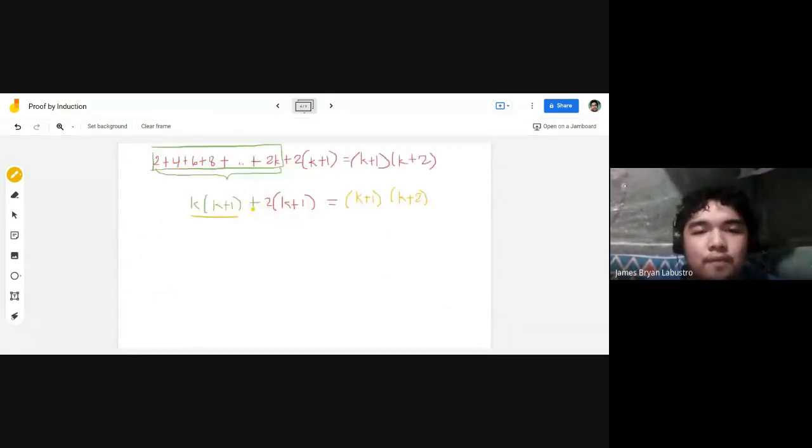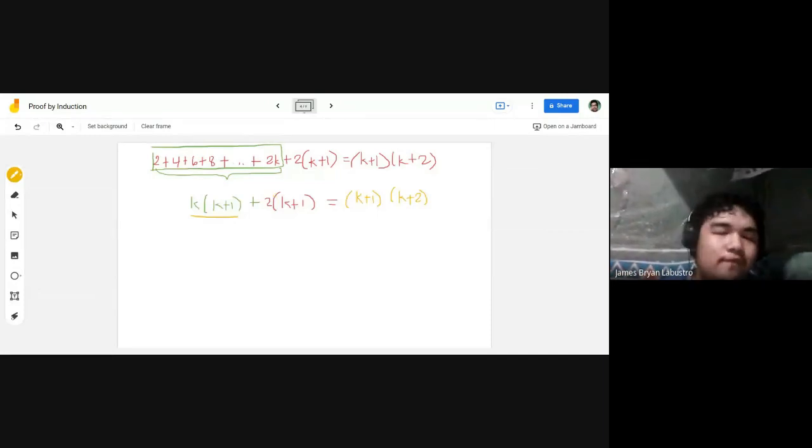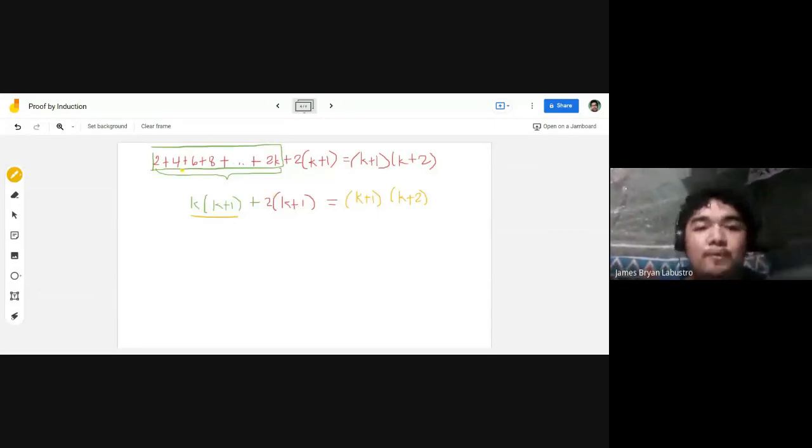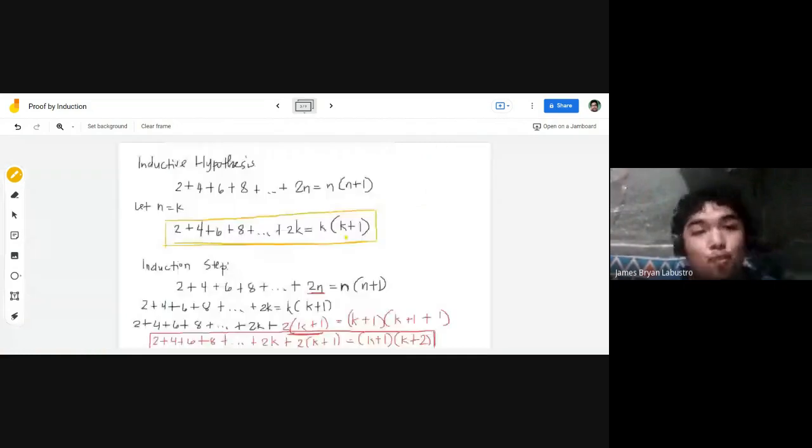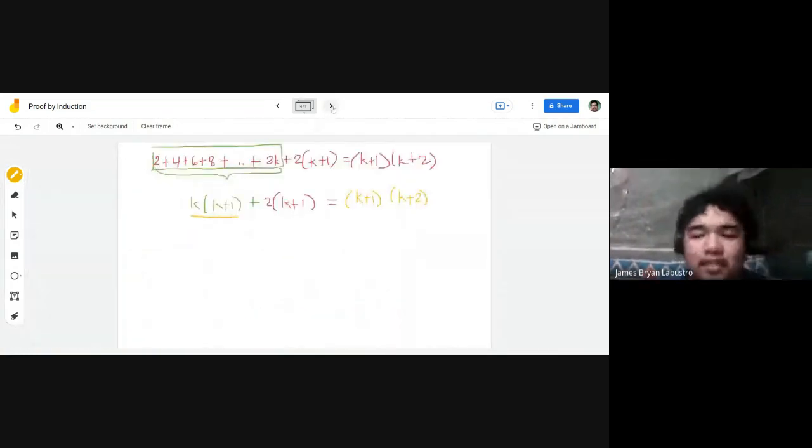So in proving the statement using induction, it is necessary to replace this statement with a simpler one in order to solve it. By solving this with induction, we find out that the statement is true for all even numbers.